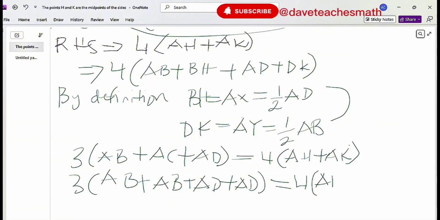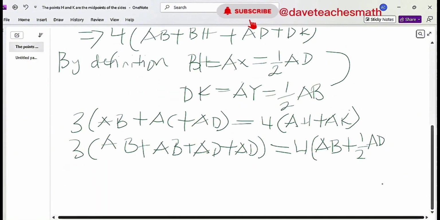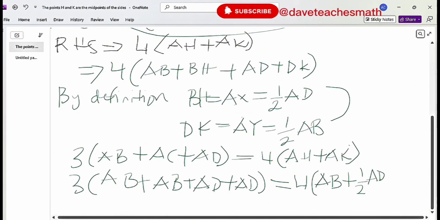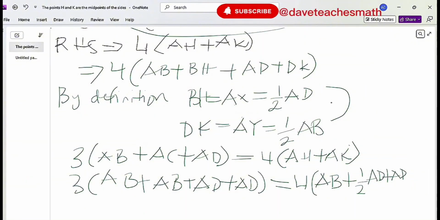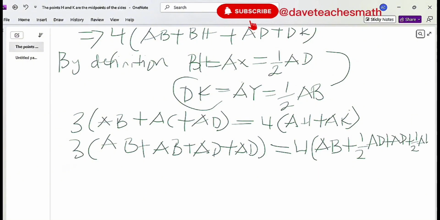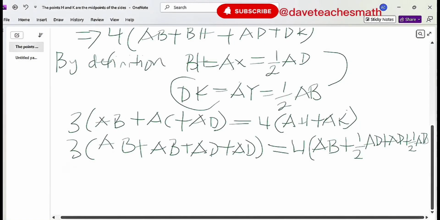We have AB plus BH, which is half of AD, plus AD plus DK, where DK is half of AB.